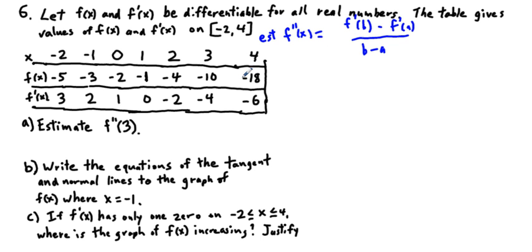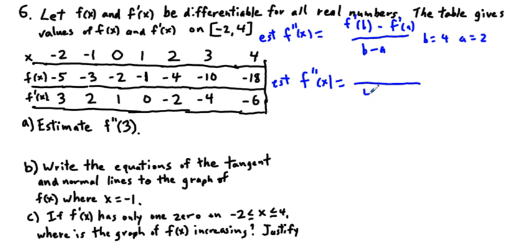We've got to use 3, so we're going to use either side. We're going to take 4 as our b and 2 as our a. Now remember this is an estimate. b equals 4, a equals 2.